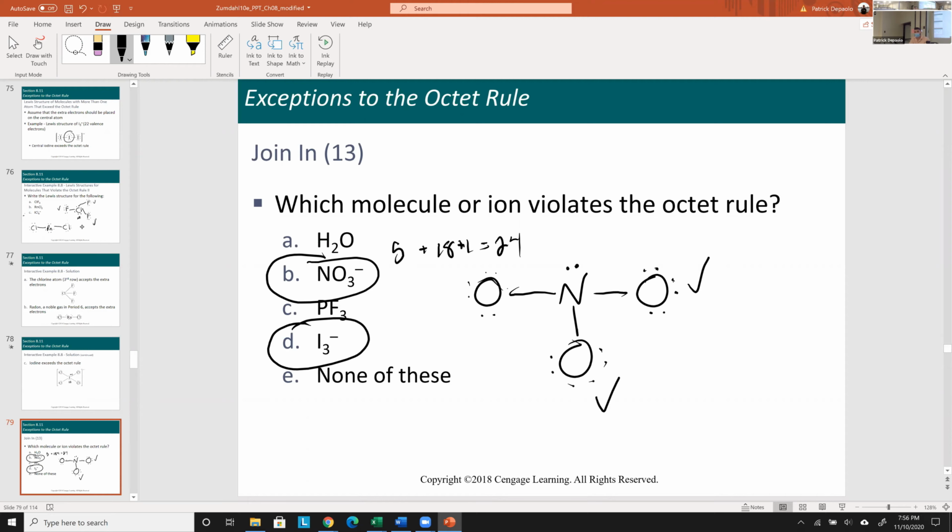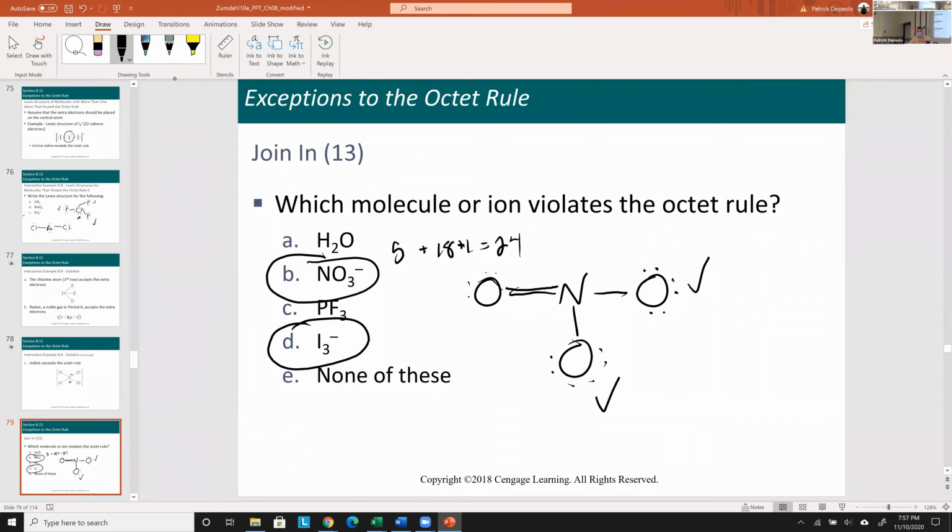That's too many. What do we do? So here's what we have to do. There's another place where we can put these electrons. We can put a bond here, and then we can get rid of these electrons. And we can put bonds in multiple places to get rid of lone pair electrons.